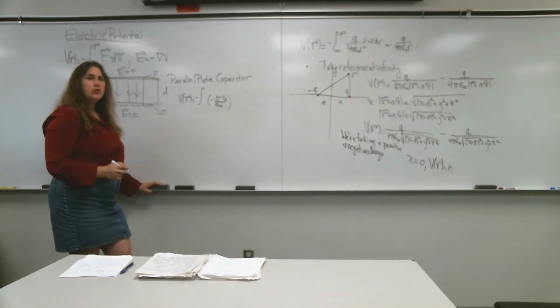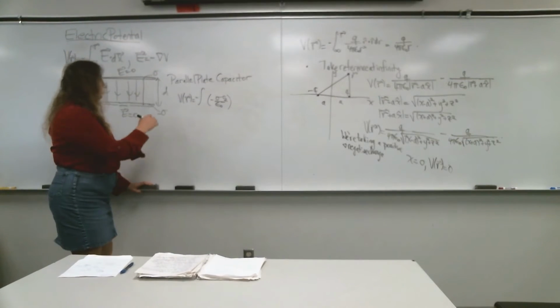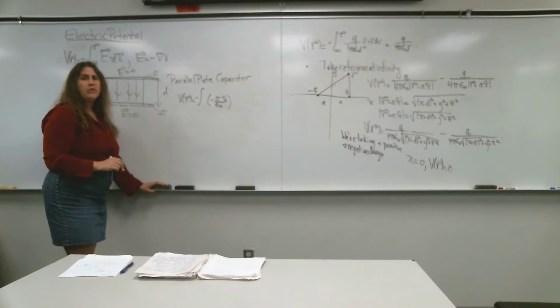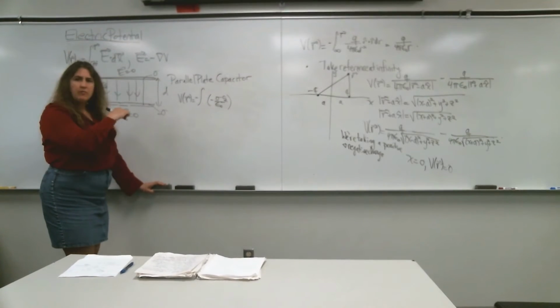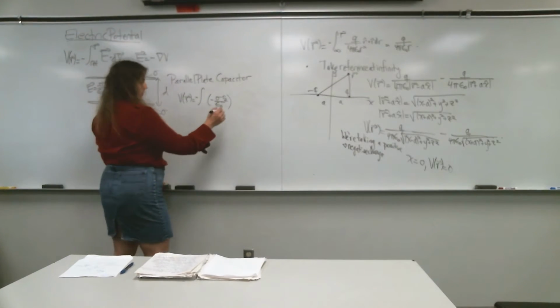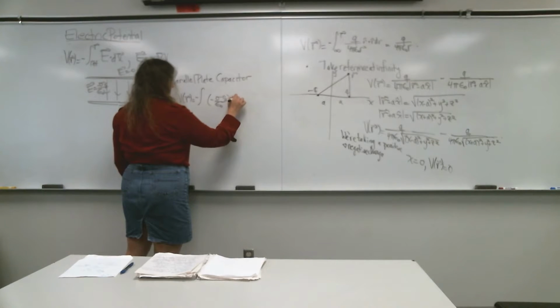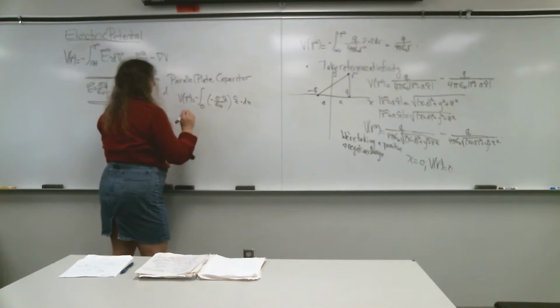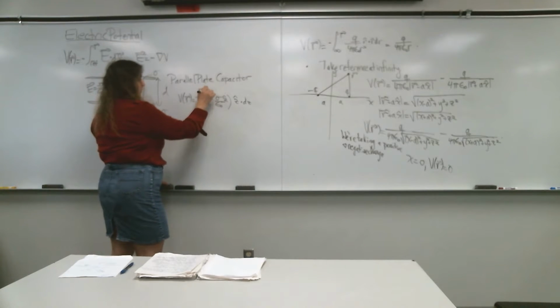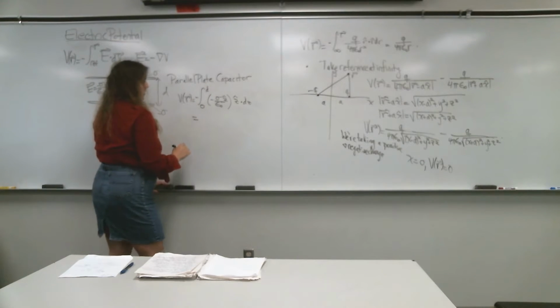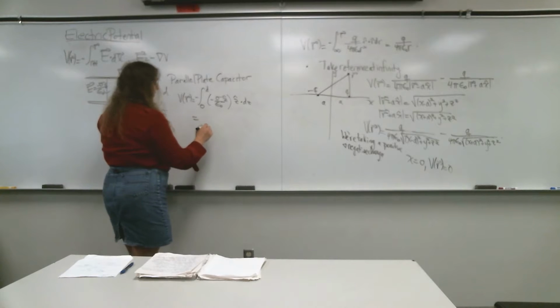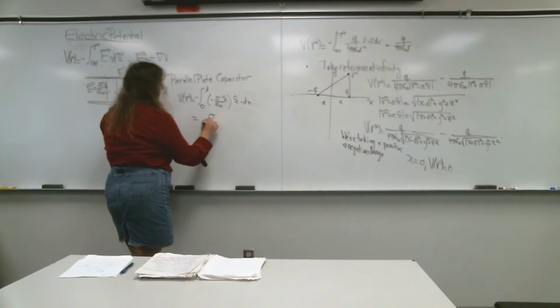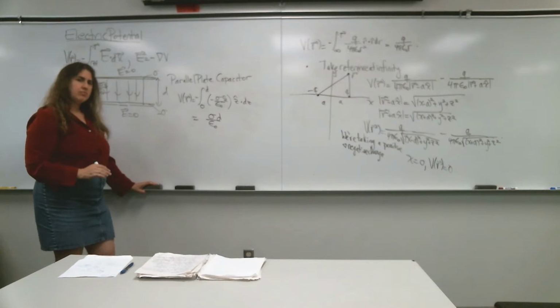So we're not taking a reference at infinity this time around. We're going to take a reference on the bottom plate. We're going to say that potential is equal to 0, and integrate from the bottom up to the top. And we wind up with sigma d over epsilon naught.